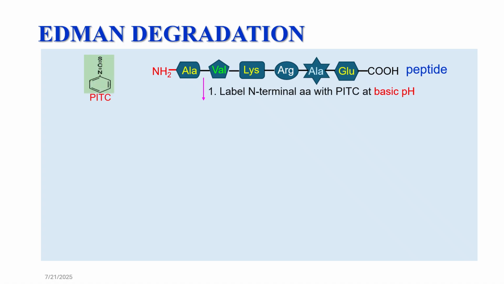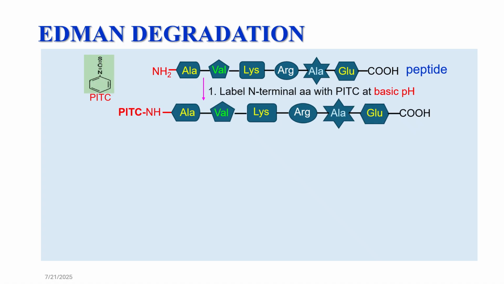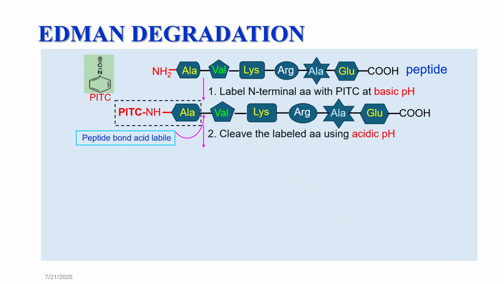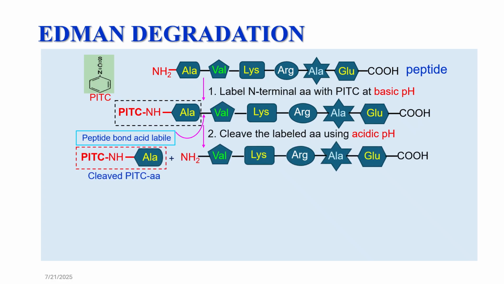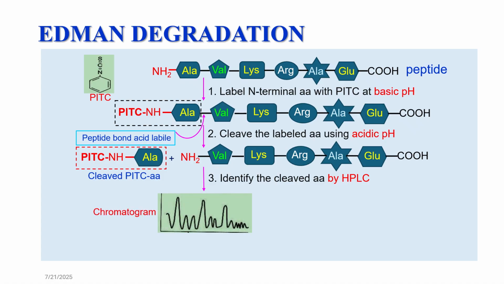An adduct is formed, and this adduct causes a change in the immediate peptide bond. This bond becomes acid labile, and therefore the second step is cleavage of the labeled amino acid by acidic pH, and the third step is identification of the cleaved amino acid using HPLC. You can identify the amino acid. This will leave the peptide with length n-1.